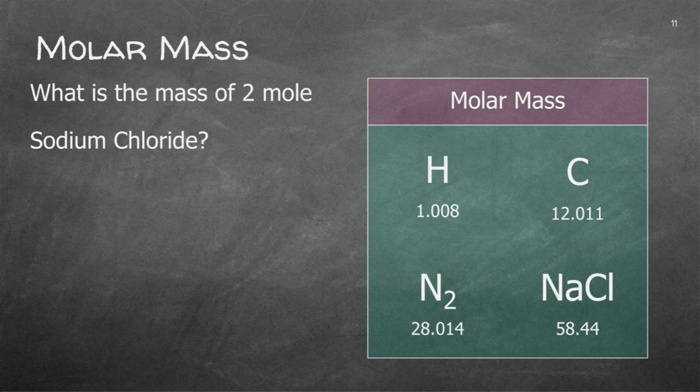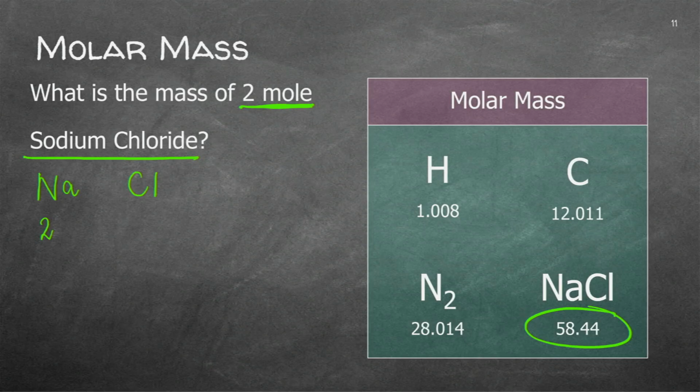Let's have a look at another question. What is the mass of 2 moles? And have a look now, they're asking me sodium chloride. Now again, this specific example here is 58.44. Now we have to remember that sodium chloride is a compound with sodium and chloride. And what you have here would be 23 grams as we did in the previous calculation.